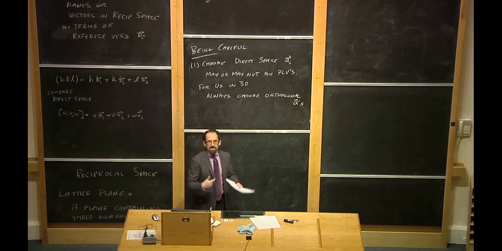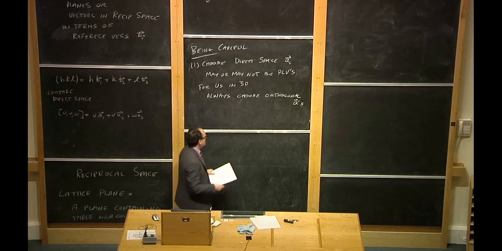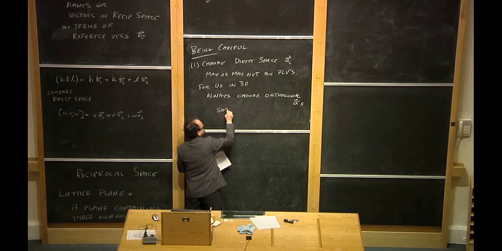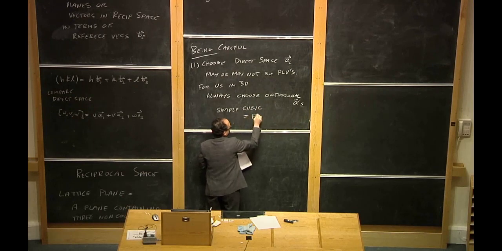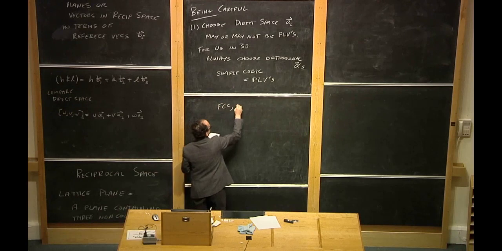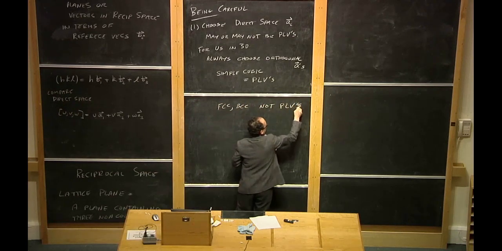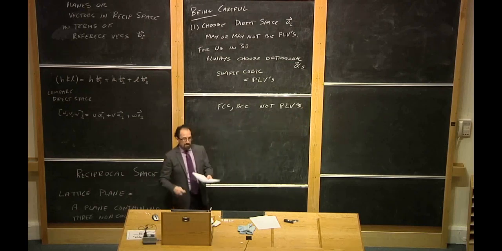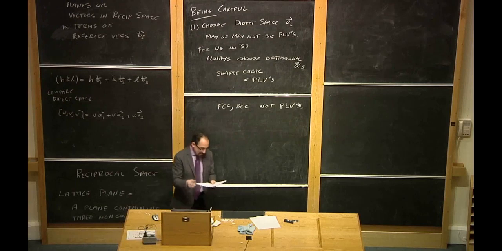Sometimes in 2D they'll ask a question where they're not orthogonal, but in 3D we always choose orthogonal a's. That means for simple cubic, these are primitive lattice vectors, PLVs, but for FCC and BCC, these are not PLVs. But they have the advantage of being orthogonal, so they make your life a lot easier, because it's a lot easier to work with things that are orthogonal than things that are not orthogonal.